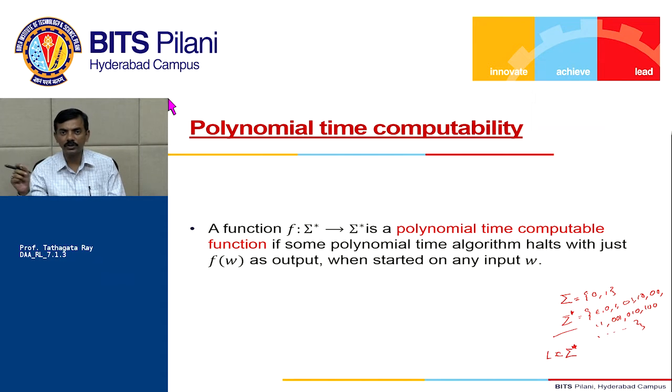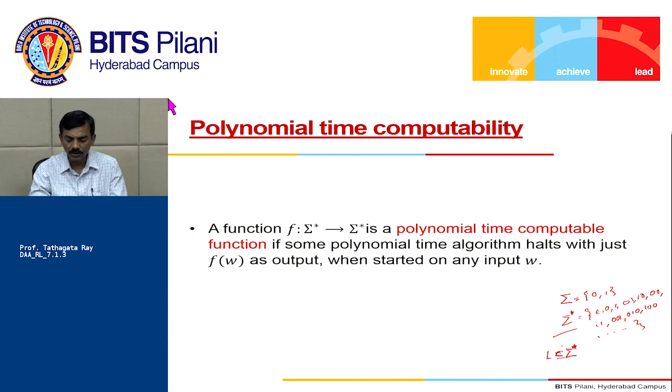They are nothing but strings of zeros and ones. You take those strings, and that gives you a language corresponding to that decision problem. So L definitely is a subset of sigma star.